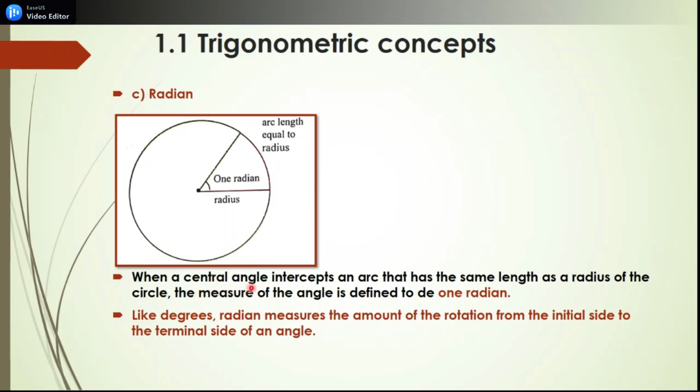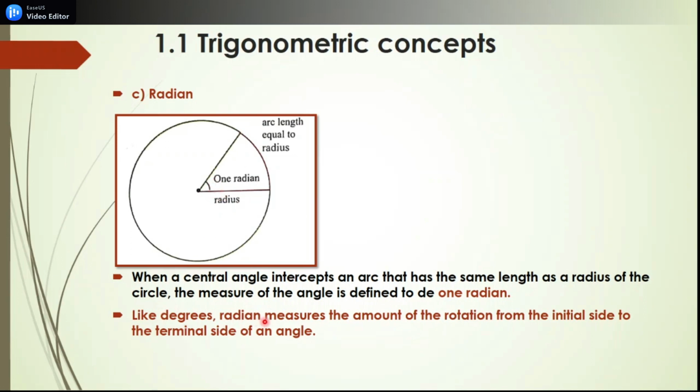When a central angle intercepts an arc of the circle that has the same length as the radius of the circle, the angle is equal to 1 radian.